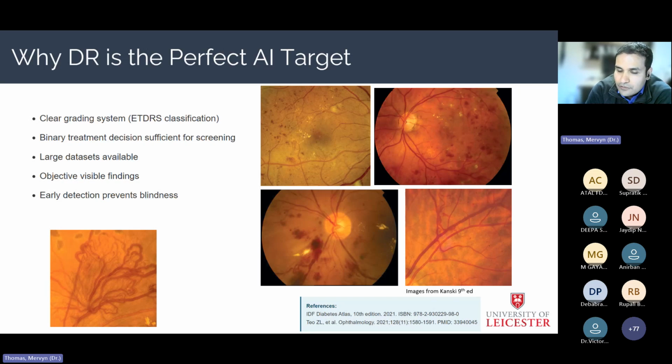The objective is to find visible features, because the reason screening works in this condition is that early detection really prevents blindness. These objective findings include microaneurysms or hemorrhages, where you can see these red dots scattered across the retina here. Similarly, you can get exudates, the smaller yellow dots that you see on the images. The deeper dark red dots are again more hemorrhages.